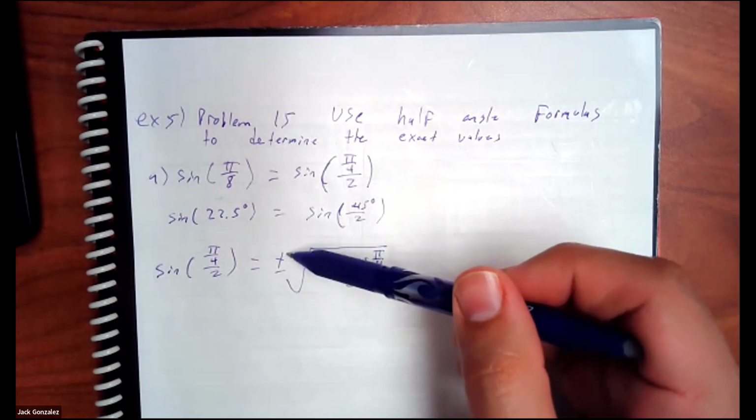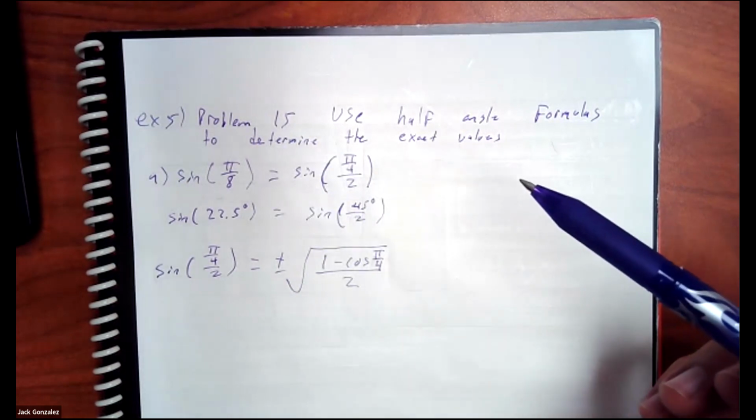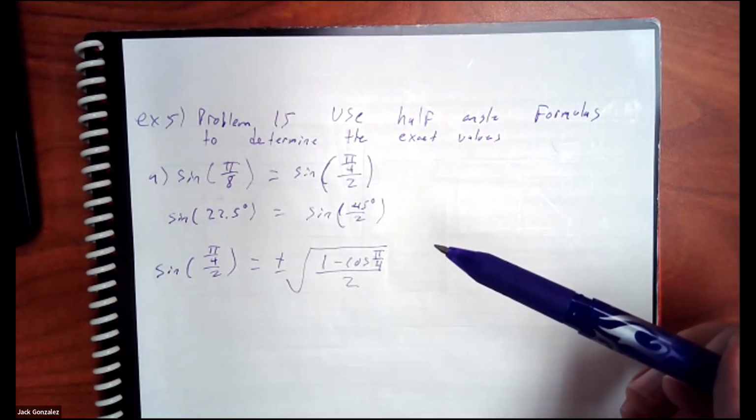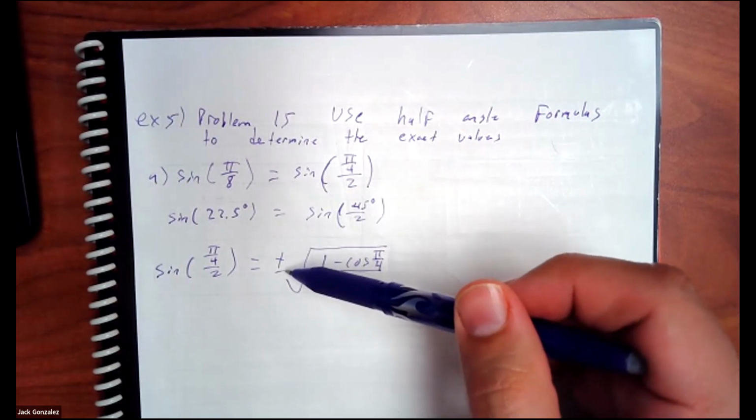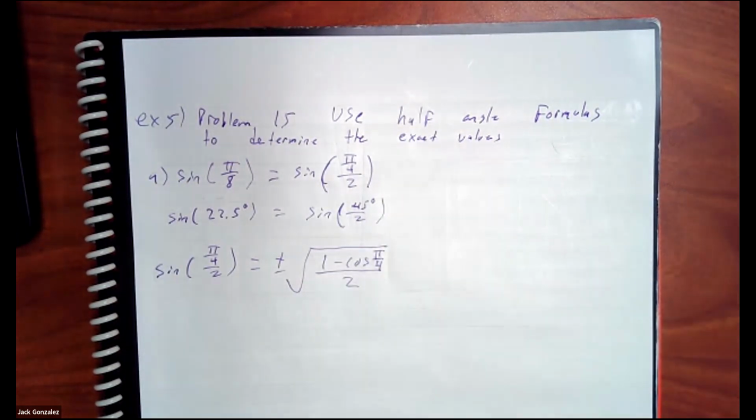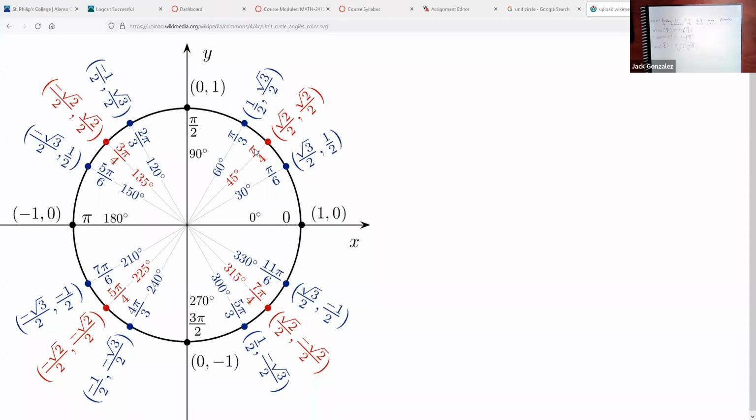Now, plus or minus, you need to choose one yourself. So the plus or minus will be determined by the location of pi over 8. So pi over 8 is in which quadrant? Yeah, pi over 4 is right here, so half of this is somewhere over here, right? Somewhere right there.